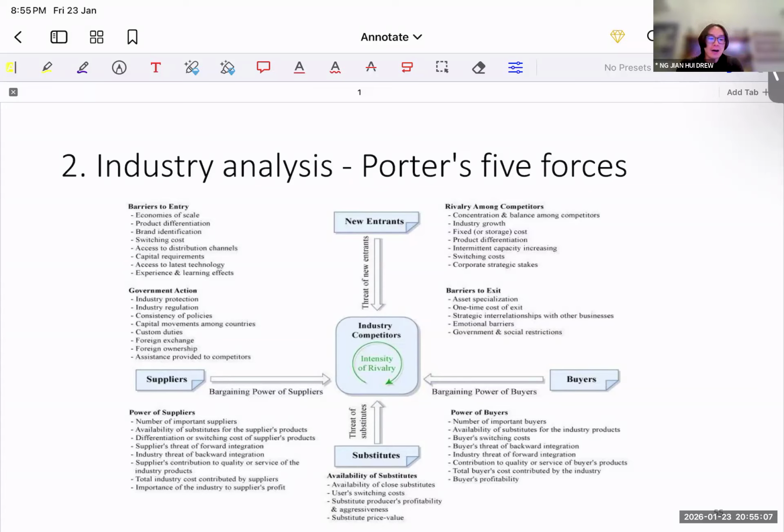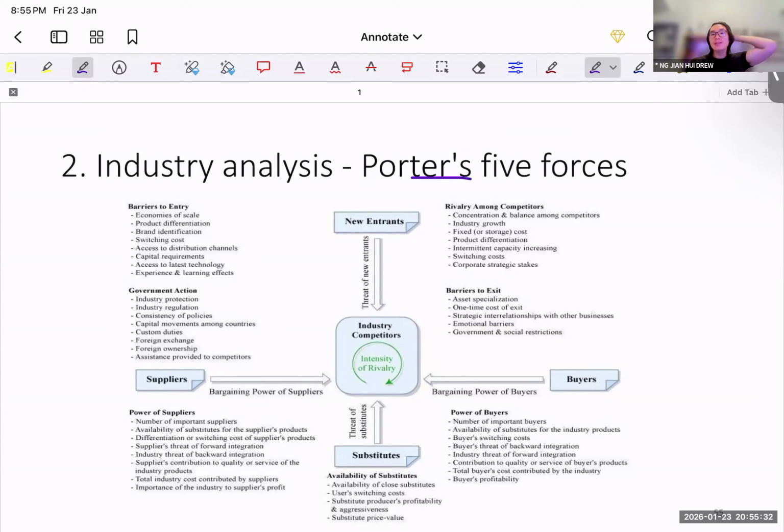All right. Having talked so much about economic analysis and the various frameworks or tools you can use to do your economic analysis, we now move on to more industry-related analysis, right? Have all of you seen this thing called Porter's Five Forces before? Yes. Okay, then we'll not go into so much detail.